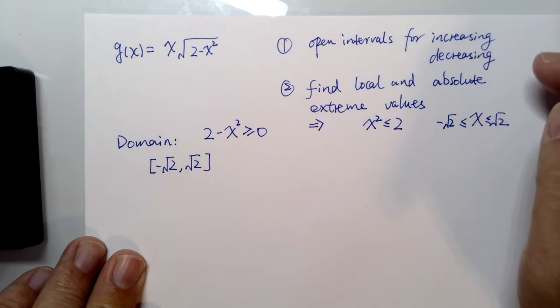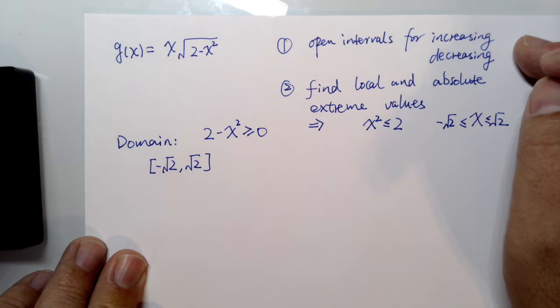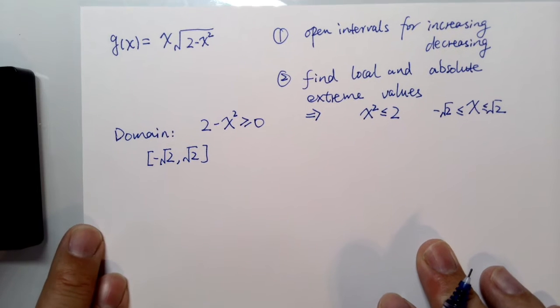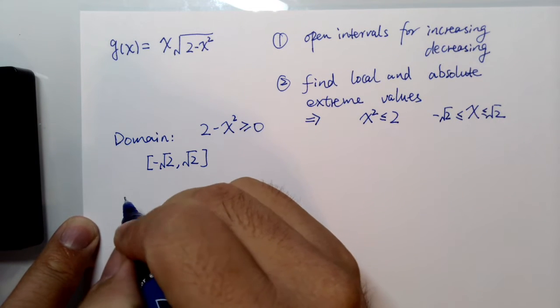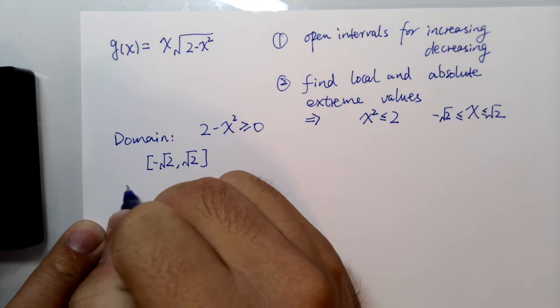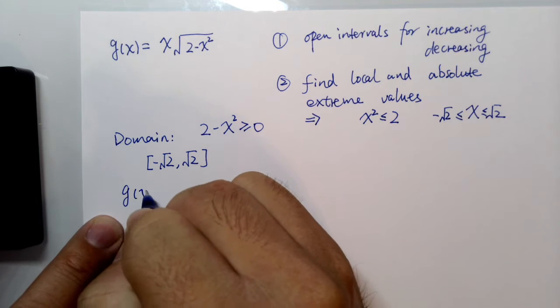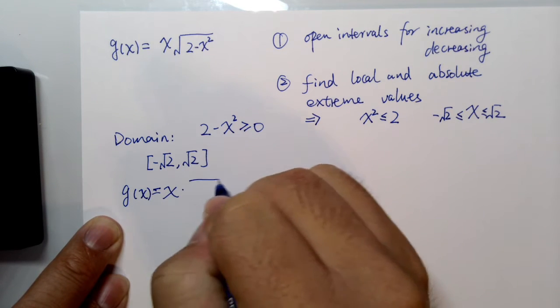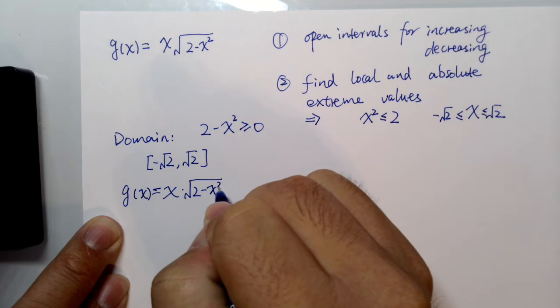Now we go back to talk about how we figure out the open intervals for increase or decrease. Well, first of all, let's take the derivative to see if we can find the critical points. So g of x is x times the square root of 2 minus x squared.